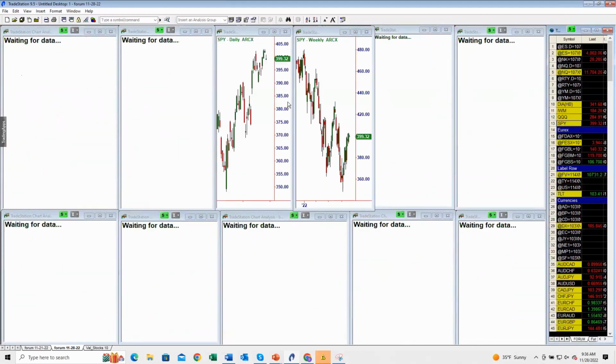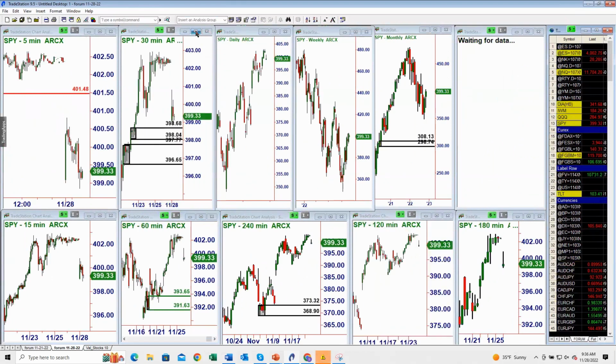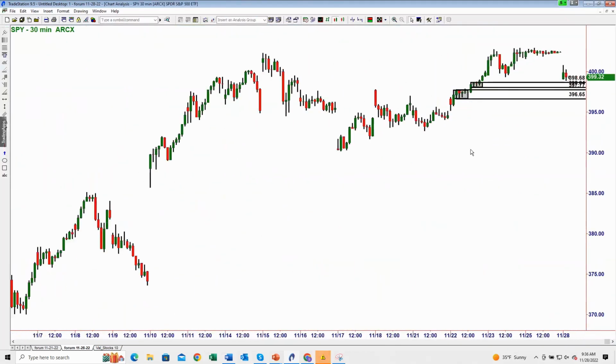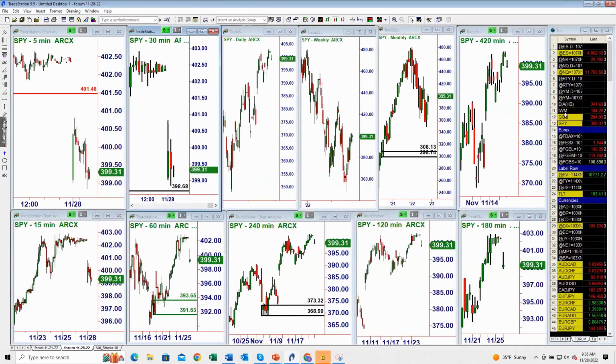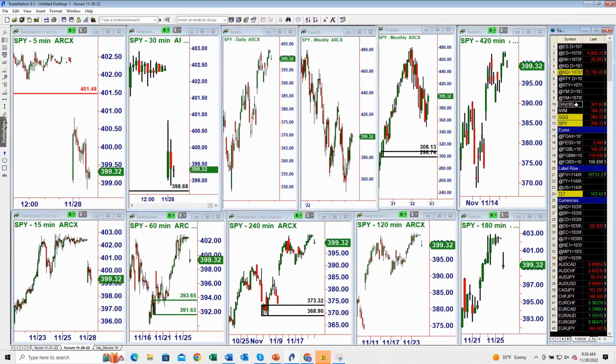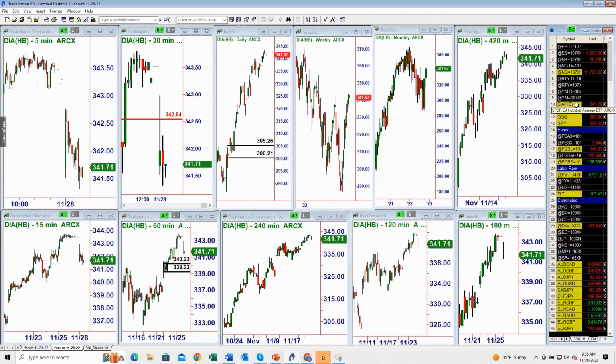Let's see if the S&P got down to our little demand zone here. Almost, not quite. Okay, so we'll see if we can get down there. And let's go over here, though. So all the equity index markets are pretty weak.